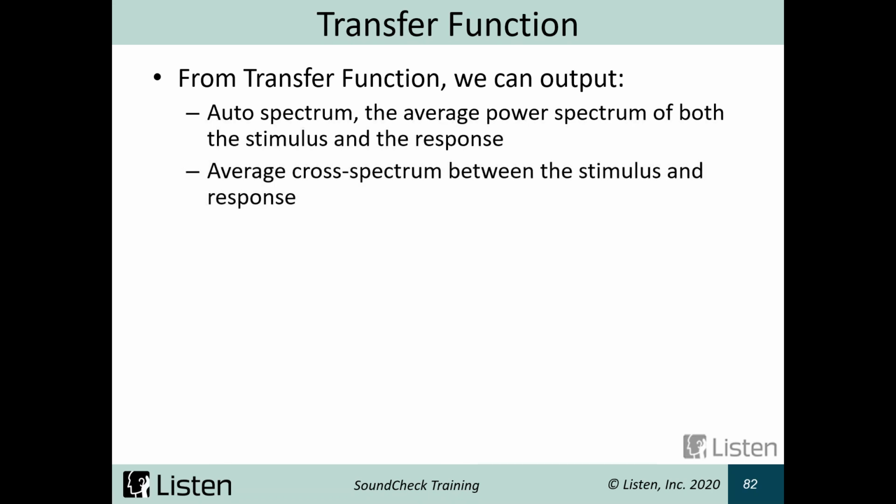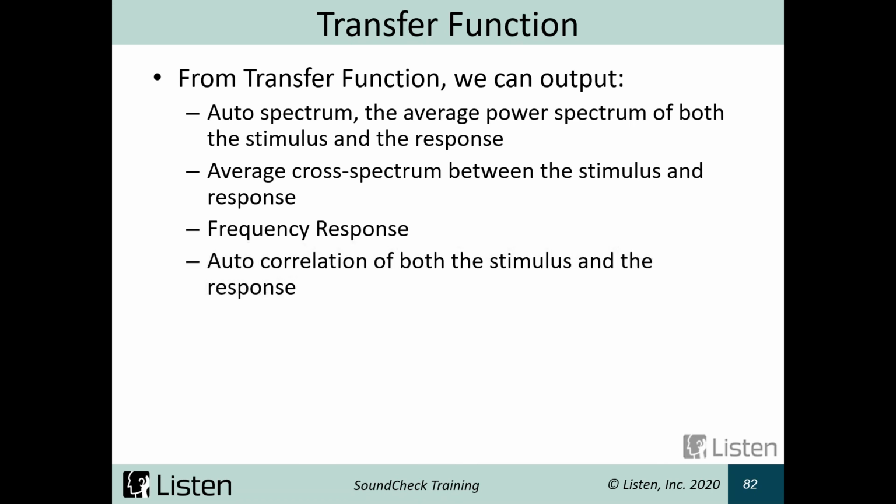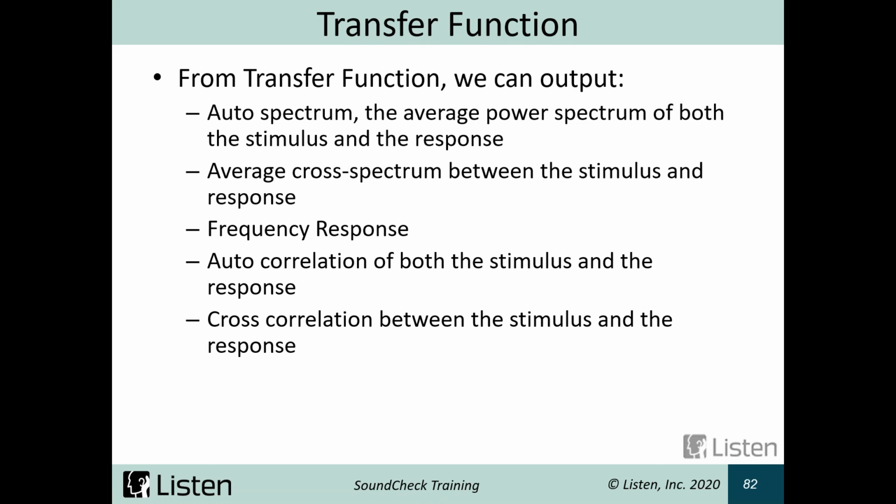The average cross spectrum between the stimulus and the response, the frequency response by comparing the two spectra, an autocorrelation of both the stimulus and the response, cross-correlation between the stimulus and the response, so that's taking the correlation of the stimulus and comparing with the correlation of the response, impulse response, and a signal-to-noise ratio. So there's a lot of things we can get out of transfer function.